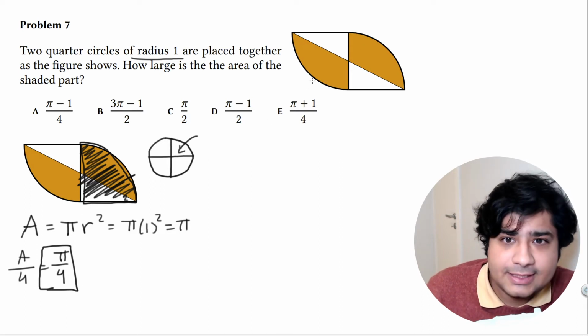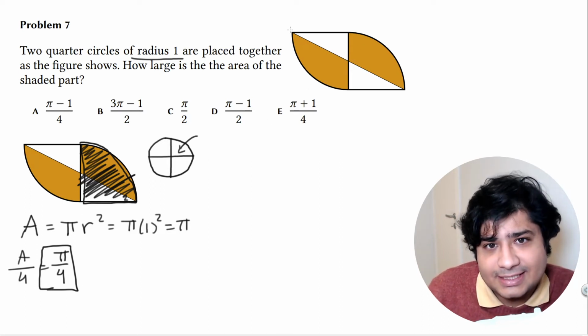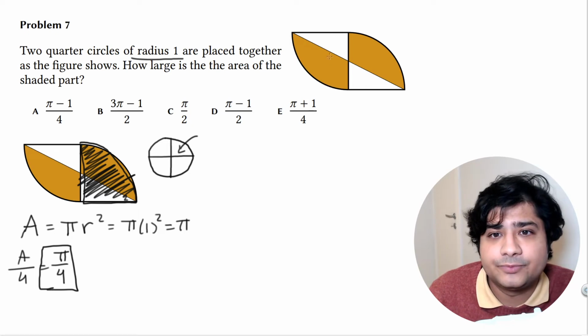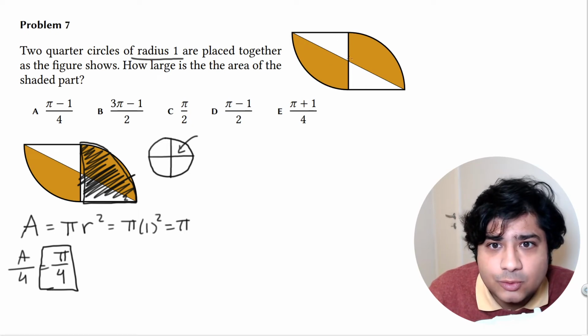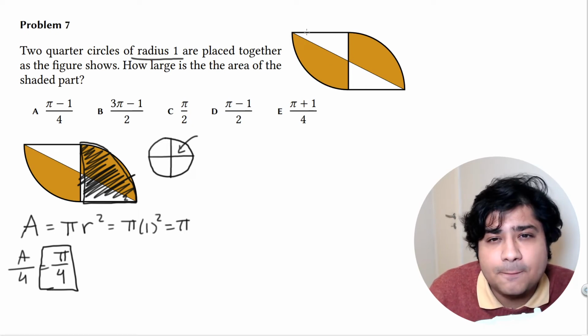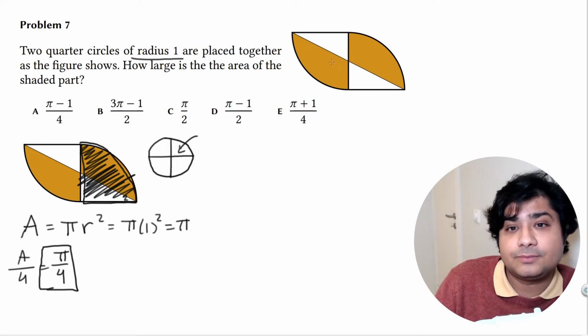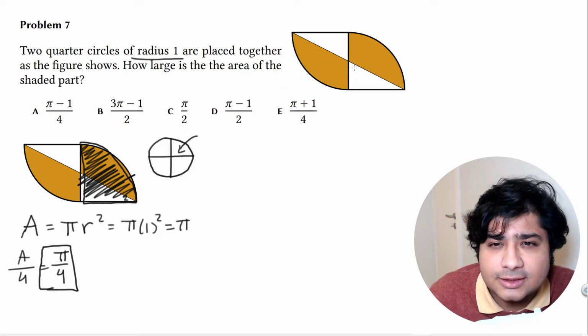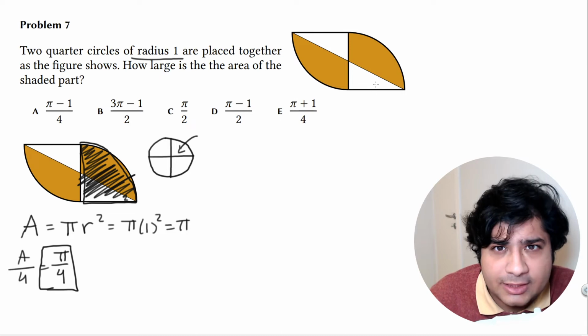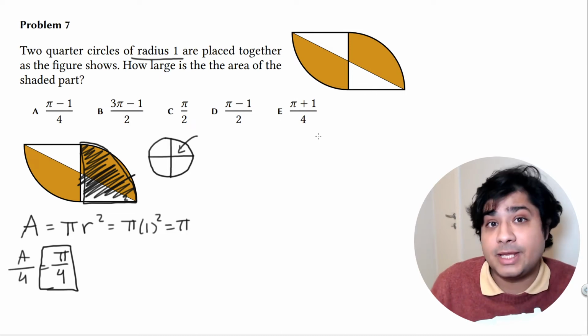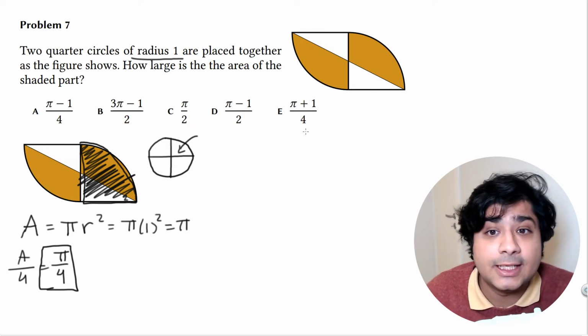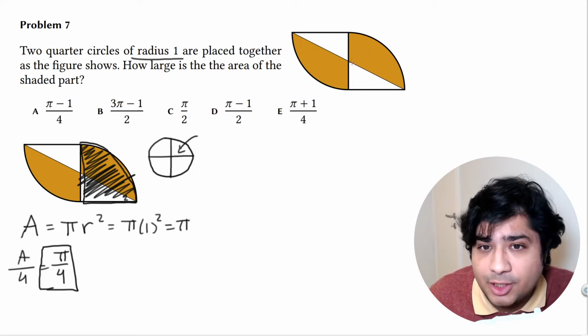Now, the thing that makes this a little bit complicated is this diagonal line. There are basically these 2 mirrored triangles that we have here, which are white, which we're supposed to take away from the area. We're only supposed to count the orange part.